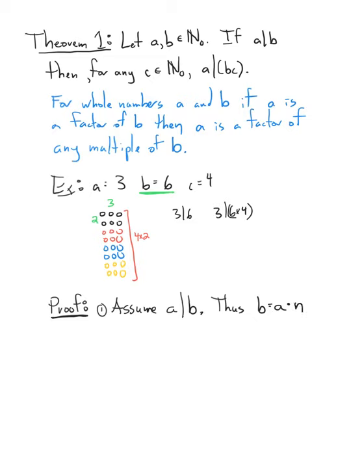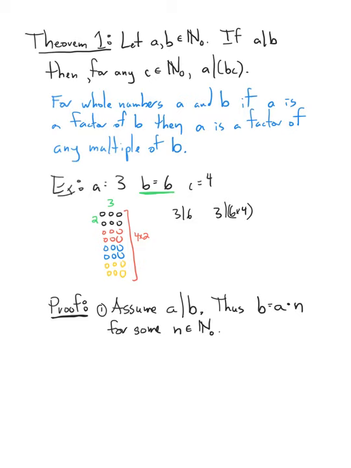So B equals A times N for some whole number N. So that's what we're saying here. So in our little diagram here, our A is 3, our B is 6, and our N is just that other dimension, or vertical dimension, 2. We don't really care about it, but we know it's some number.